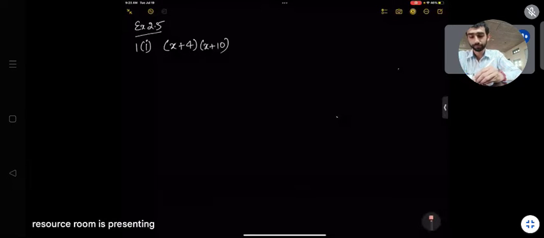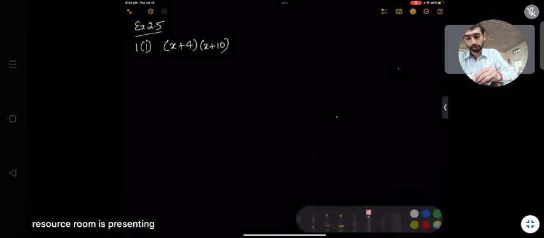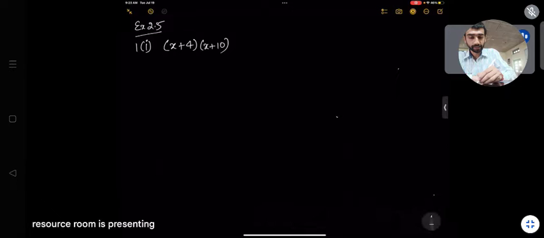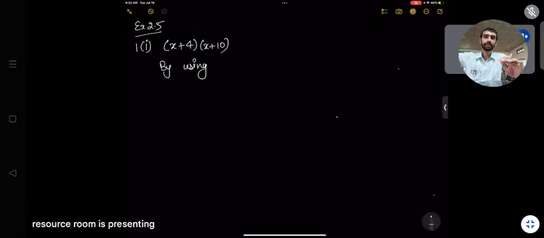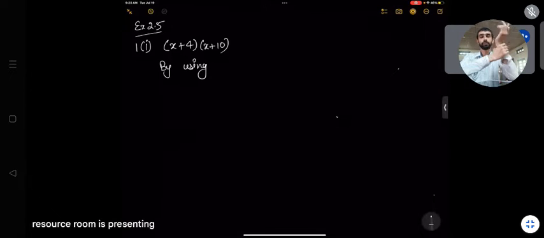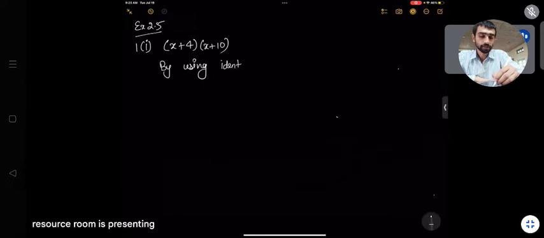So I'll write by using identity. All of you can just focus on listening and seeing, and you can note down later. I'll send the images in the Google Classroom. By using identity, always write the identity x plus a, x plus b equals to.